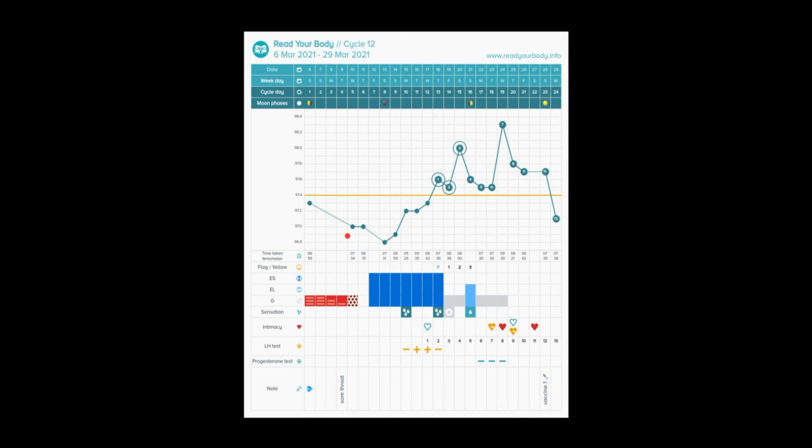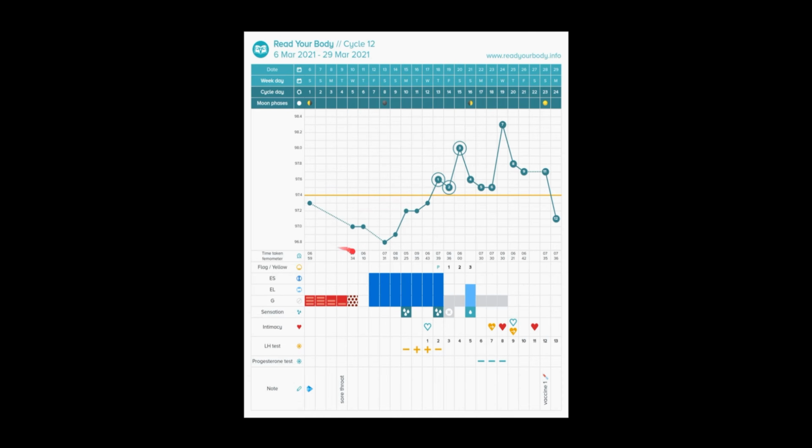And it does need to be a basal thermometer as opposed to a typical traditional fever thermometer, because basal thermometers are much more accurate and precise, and they're able to detect this really subtle shift in temperatures that happens before ovulation, as you can see here where I'm circling with my little red pointer, versus after ovulation, which I'm pointing to over here.